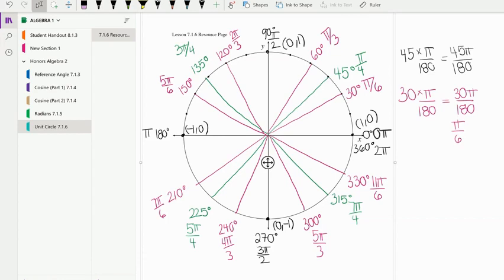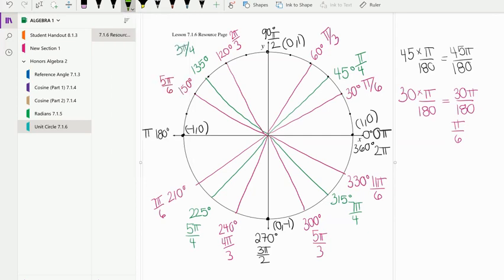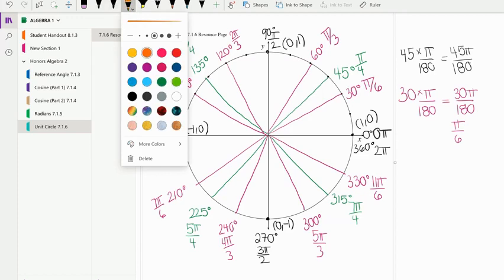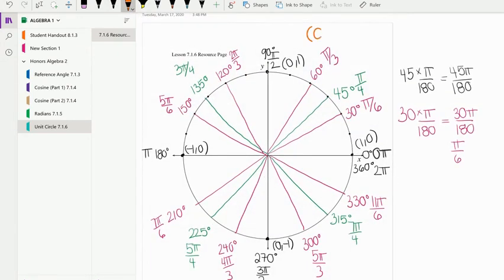Remember, you should have known from one of the previous sections that when we are talking about ordered pairs on the unit circle, the ordered pairs are cosine of that angle, sine of that angle.